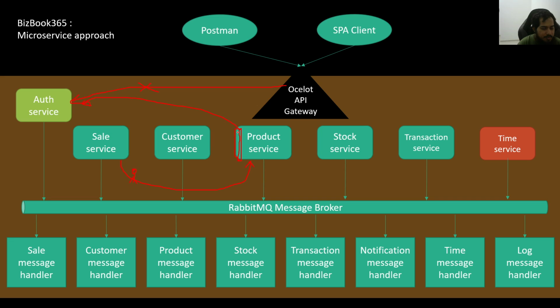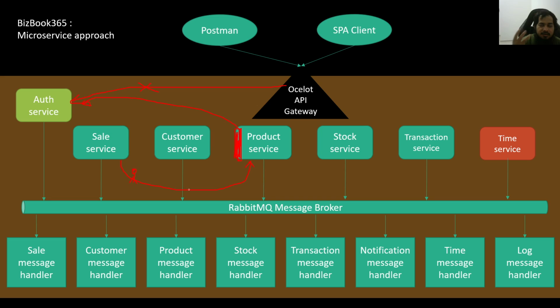So here we may have a layer which will call the auth service again and again if some other service directly calls the product service. Okay, so there are 2 things we saw. Number one is no calling from the child service. Number 2 is some calling from the child service.